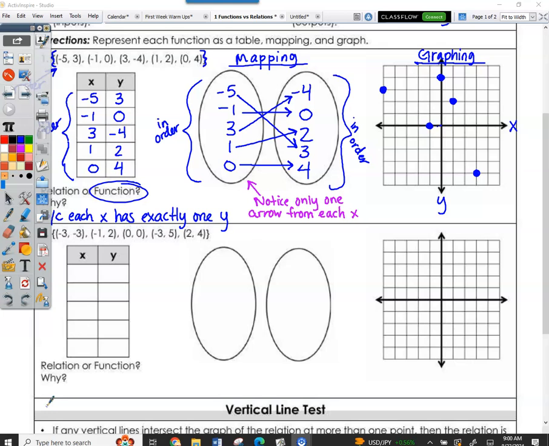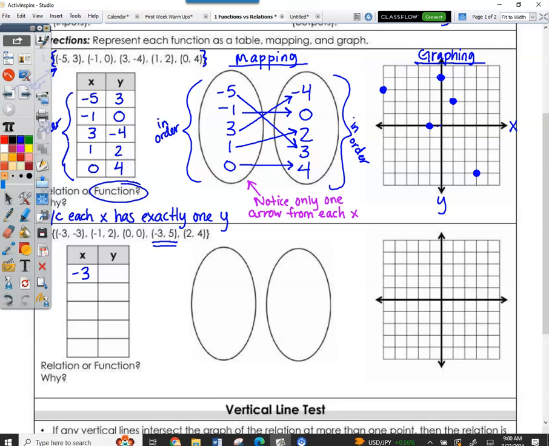This is in roster method, or roster notation, which means the x's are going to be that first number. We've got -3, -1, 0, -3, 2. So technically this should be, now if you didn't put the -3, this one, this is the problem, right? If you didn't put that at the beginning, it's okay.